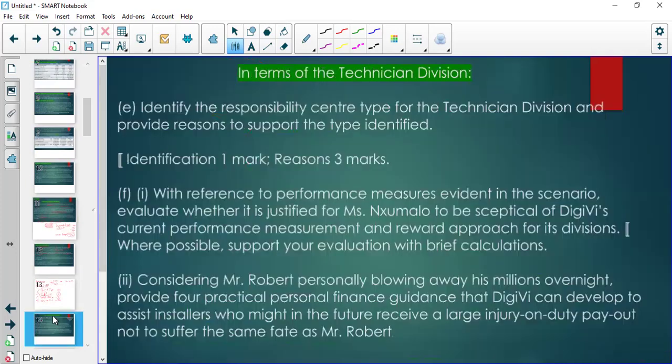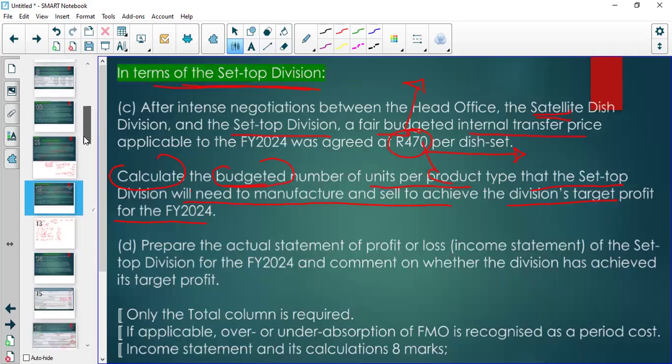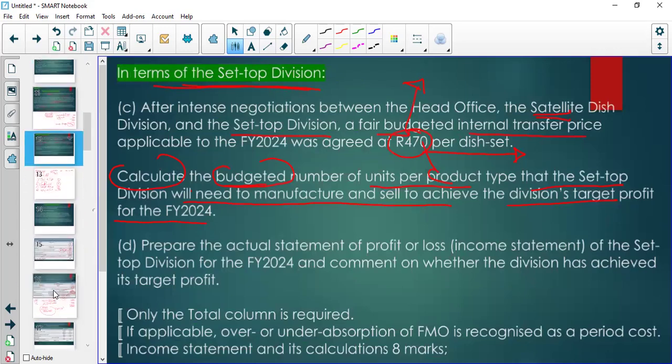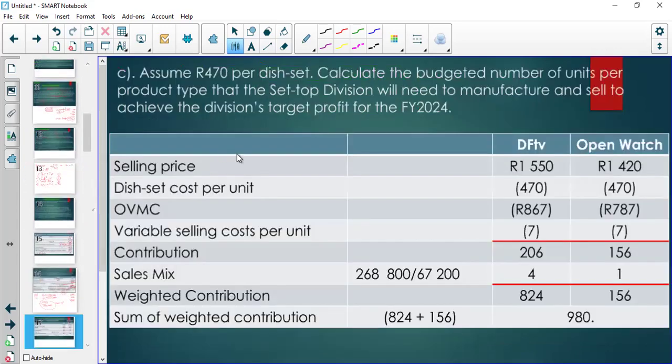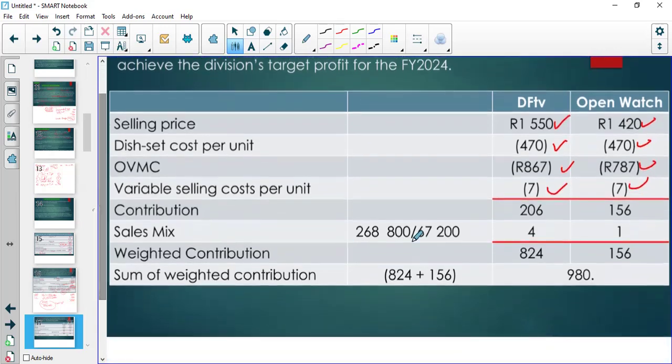Let's see. Do I have it here? Right, so the selling prices are given. We saw this one, and this we are told to assume, right? So we're going to assume that. This is given. This is given. I don't know if I might have missed something else, but this is the contribution that we have.